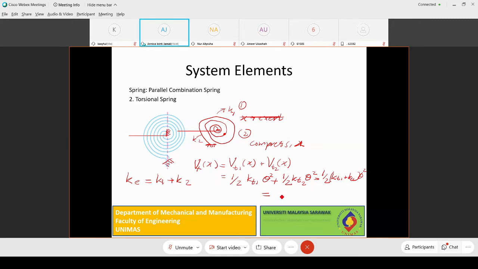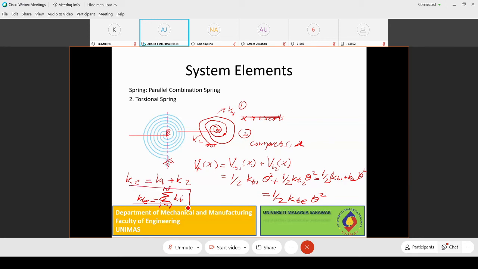Okay, so here would be equal to half K_TE theta squared. So in general, let's say we have torsional springs put in parallel, then we have K_TE equal to the summation of K_Ti from i equal to 1 to n.